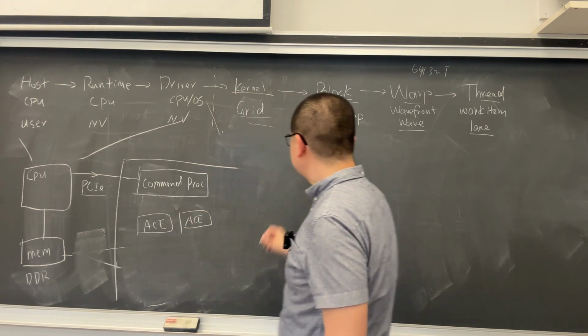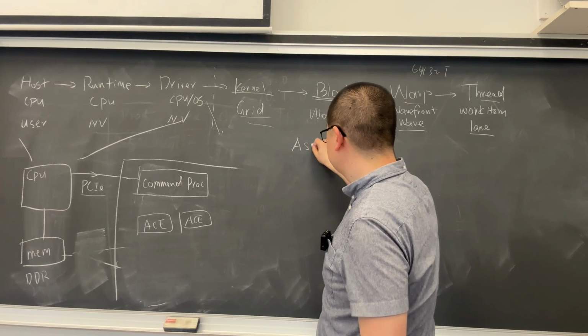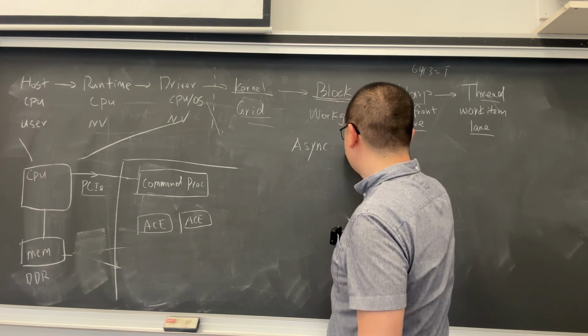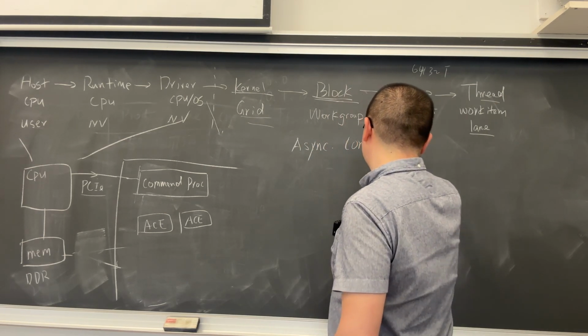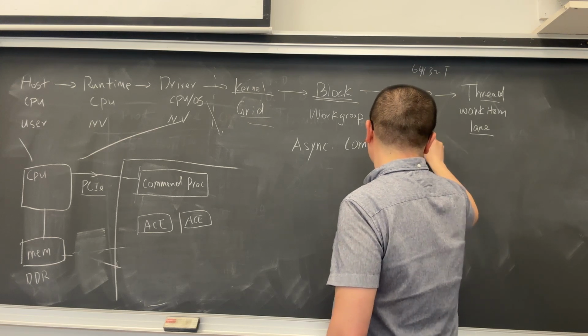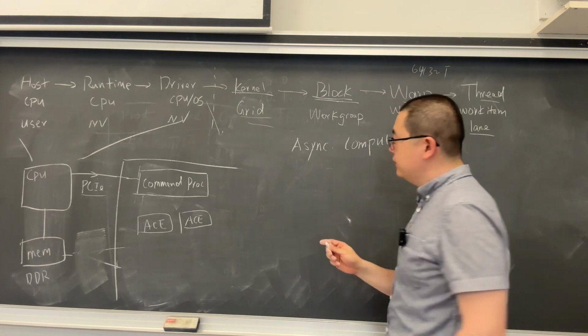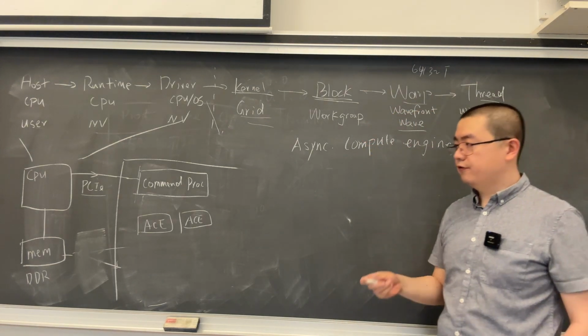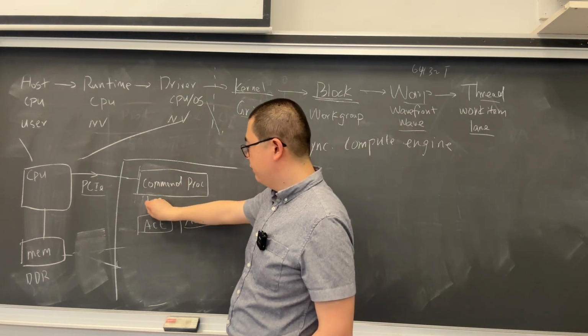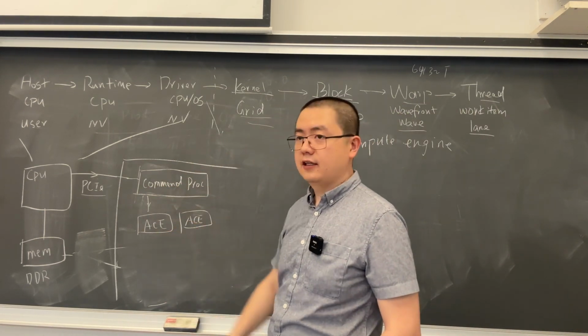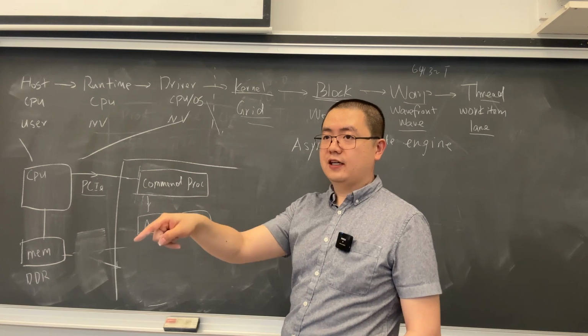ACE is asynchronous compute engine. Okay, an asynchronous compute engine is responsible for work like this. The command processor tells this ACE, you are responsible for this task, this kernel.